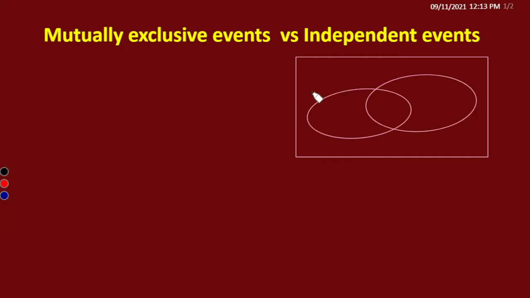If I call them events A and B, assume there are certain elements here and their count is say X, certain elements here with count Y, some elements in the intersection Z, which could have been phi if it was mutually exclusive events, and certain elements W which are neither in A nor in B. I call this my sample space S.